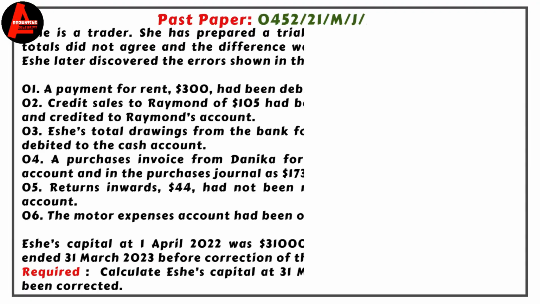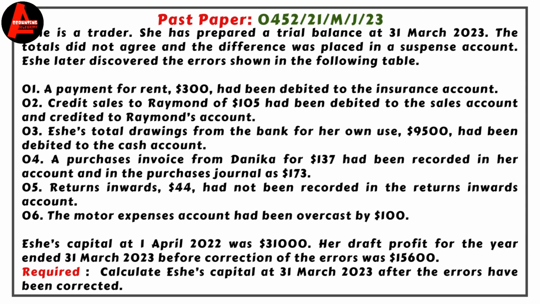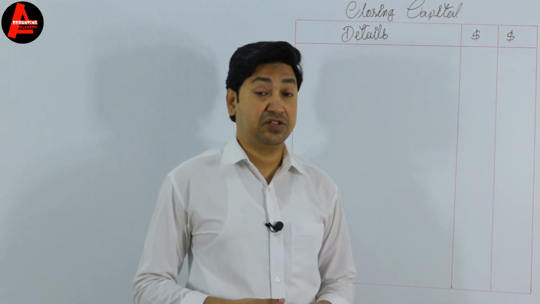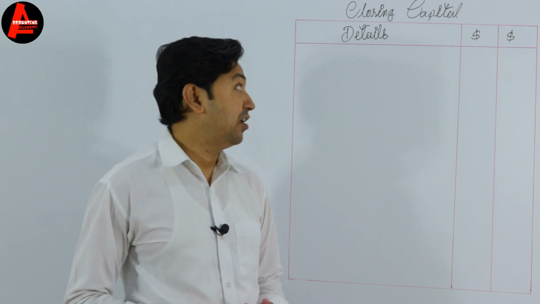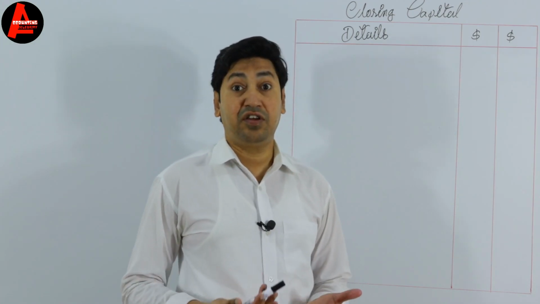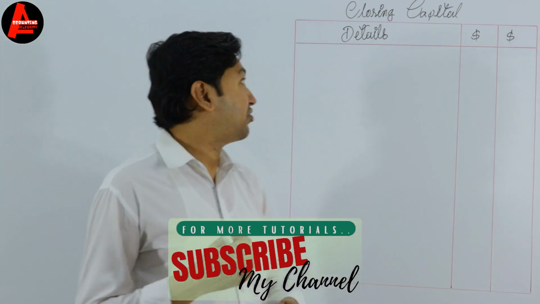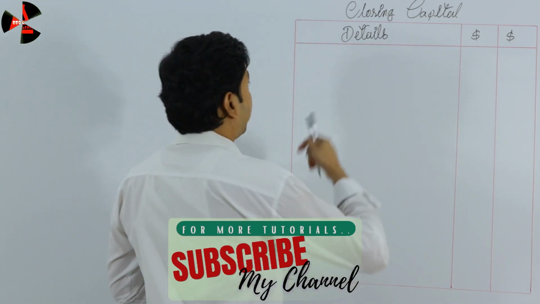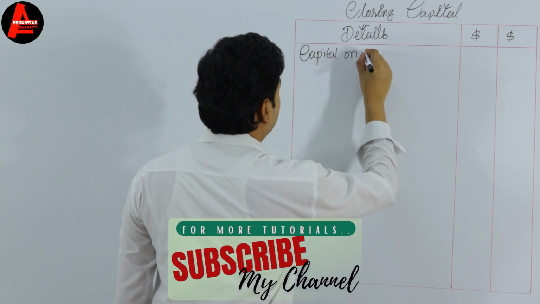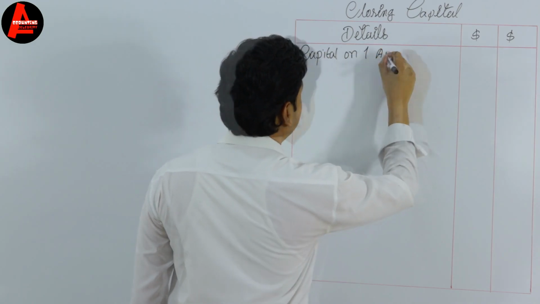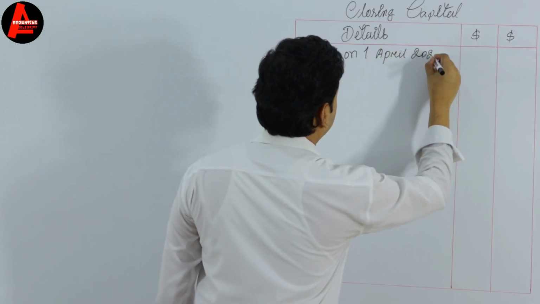Then calculate her capital at 31st March 2023 after the errors have been corrected. You know, capital is related to the profit, profit for the year. So profit for the year always will be added to the capital. So let us write here capital on 1st April 2022.